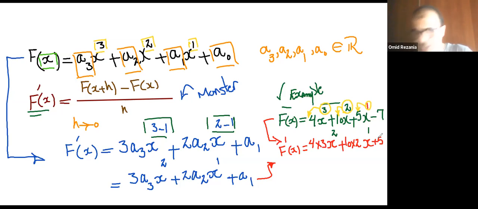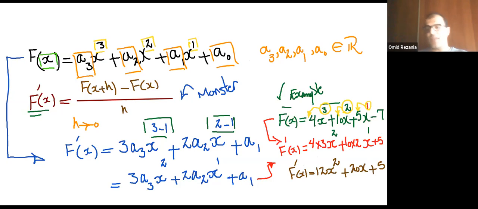Then x to the power 0, you know, becomes 1. Then at the end, what is our f prime of x? It becomes 12 times x squared plus 20 times x plus 5. And that's the final answer.